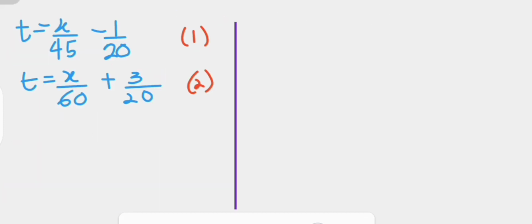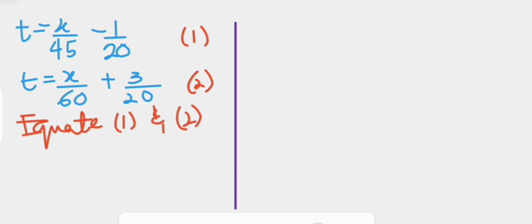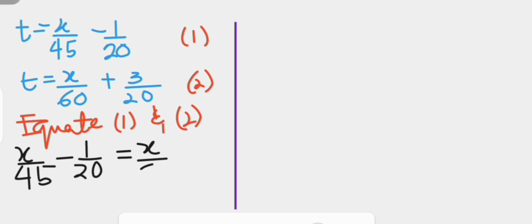Now from our work so far, we have equation 1, t equals x over 45 minus 1 over 20, and equation 2, t equals x over 60 plus 3 over 20, giving us simultaneous equations in t and x. So we equate equation 1 and 2. Equating them means t cancels out, and we will be left with x over 45 minus 1 over 20 from equation 1 being equal to x over 60 plus 3 over 20 from equation 2.